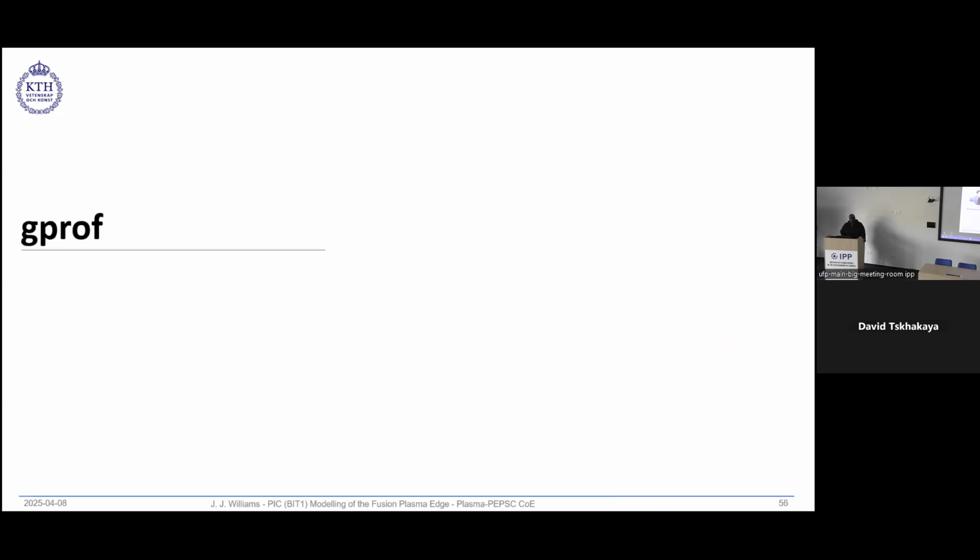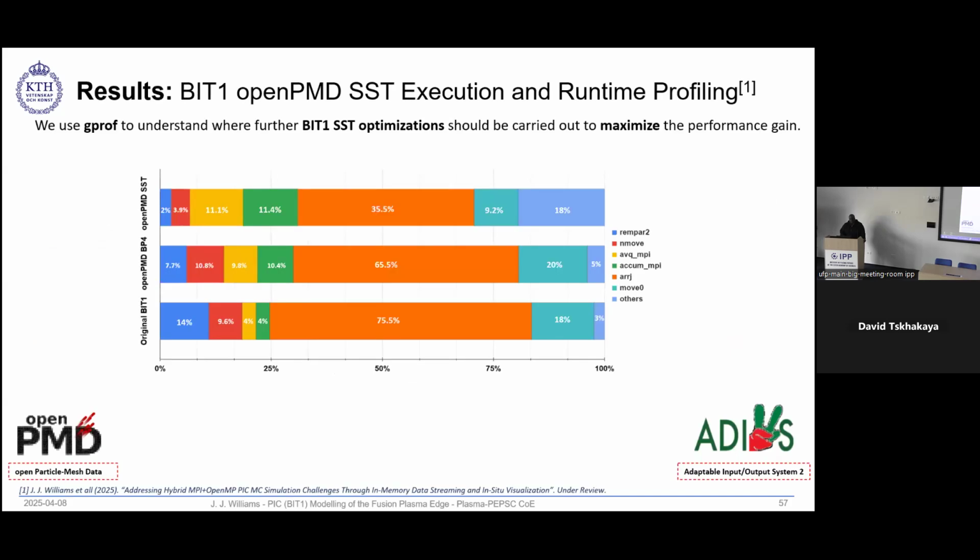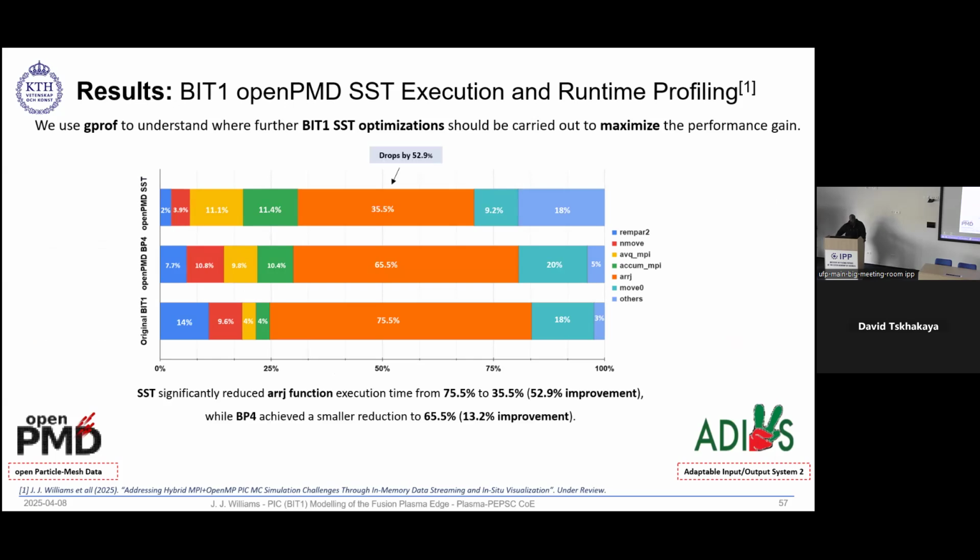Let's see. So firstly, gprof, another tool, tells us right away, we used it to try to get the maximum performance. Well, when we use the SST backend, 50%. Didn't change anything. And automatically, it says, oh, that's nice. 50% improvement. Right away.